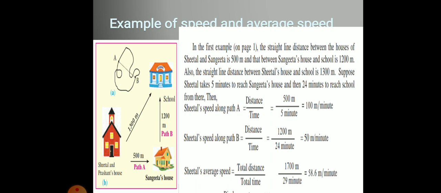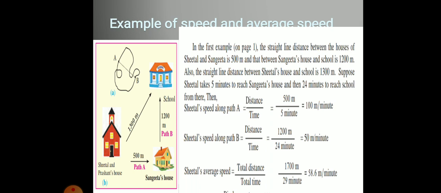So Sheetal can reach the school either by passing through Sangeeta's house and then to the school, or she can go directly to the school by covering the shortest distance, that is 1300 meters. So let us find Sheetal's average speed.